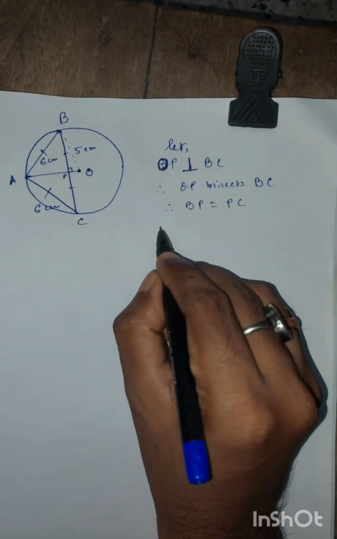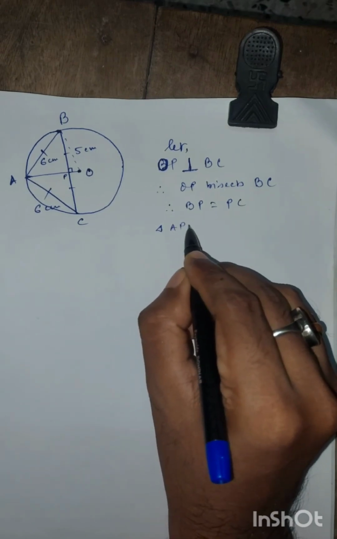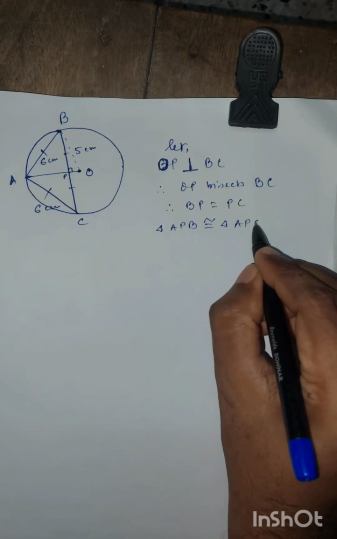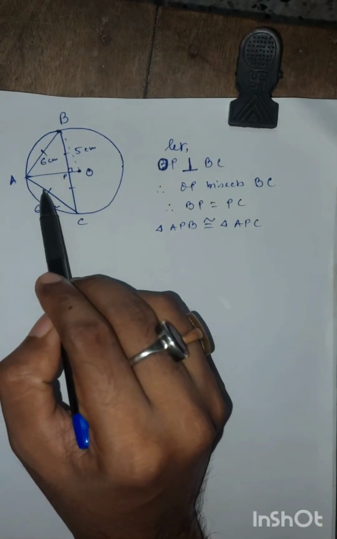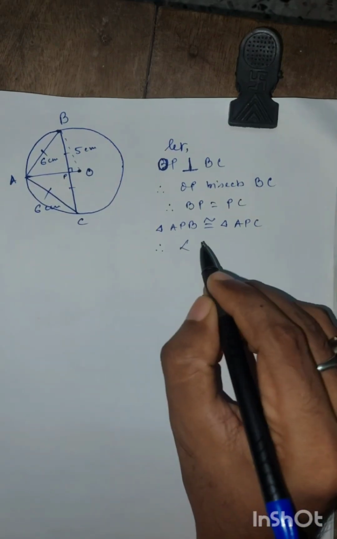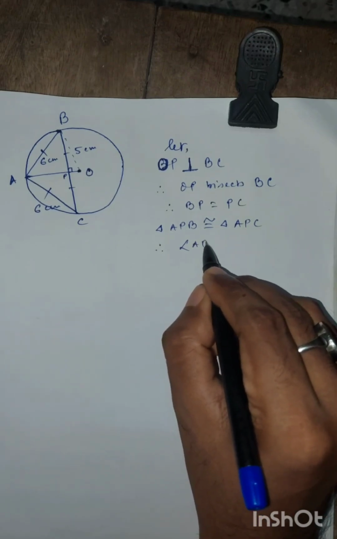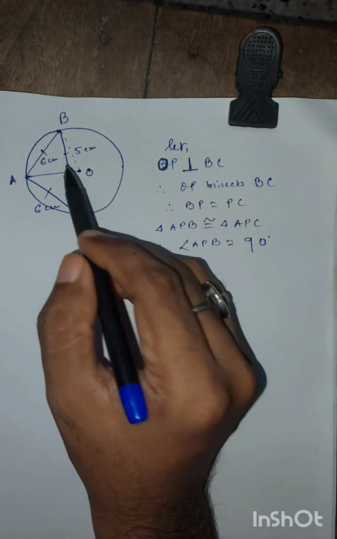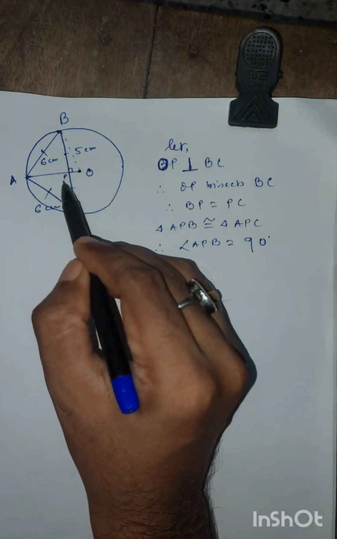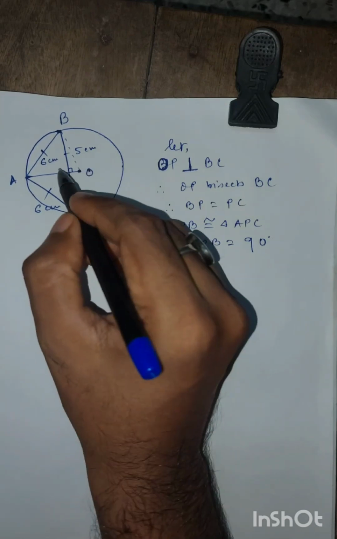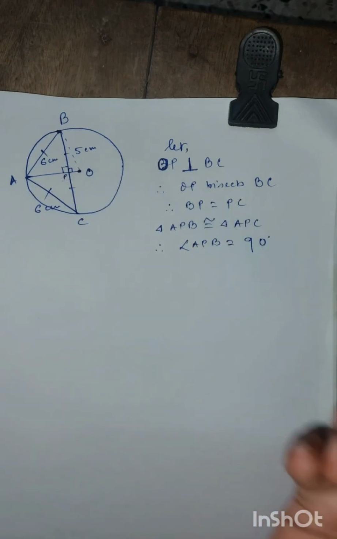Now we can say triangle APB is congruent to triangle APC. This side is equal to this side, and this is our common side. Therefore, angle APB is 90 degrees. This is a straight line, that means the total angle is 180 degrees. So 180 divided by 2 is 90. So angle APB is 90 degrees.